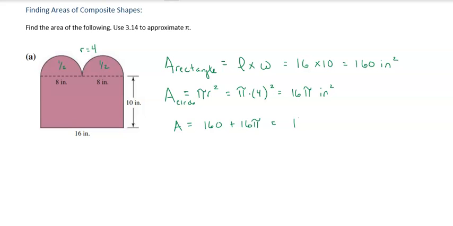But you're probably going to work it out and say 160 plus 16 times 3.14. Just put the whole thing in a calculator, and you get 210.24 inches squared. I recommend writing a little less down and putting as much in your calculator as you can. If you put this in your calculator in this order, it's going to use order of operations, and it's going to do it correctly.